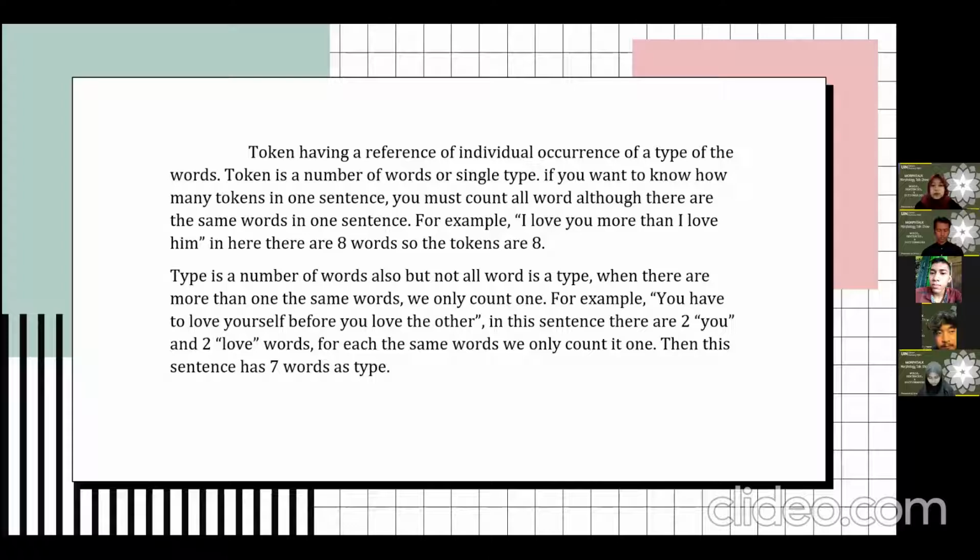Type is a number of words also, but not every word is a type. When there are more than one of the same words, we only count one. For example, you have to love yourself before you love the other. In the sentence, there are 2 you and 2 love words. For each of the same words, we only count 1. Then this sentence has 7 words as type.